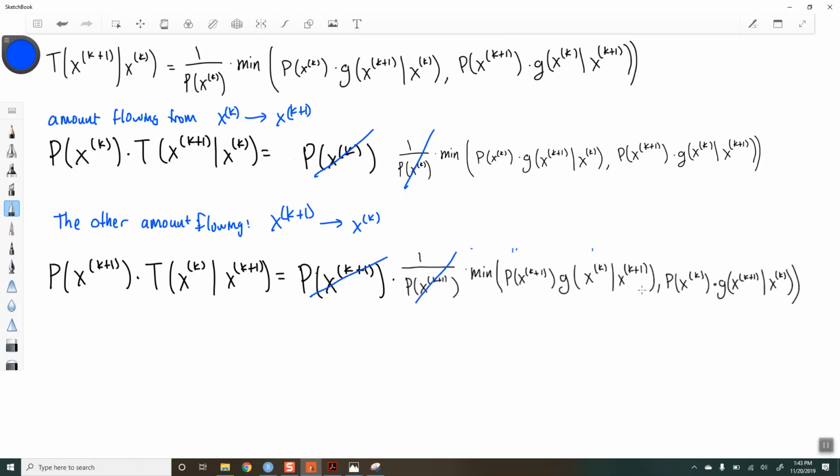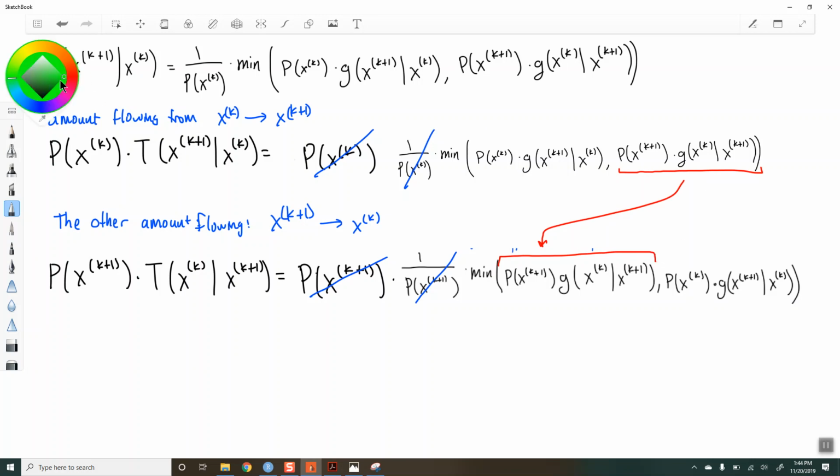What we see is that we've got the minimum of this and this. And notice this thing is exactly equal to this thing, and this side is exactly equal to that side.